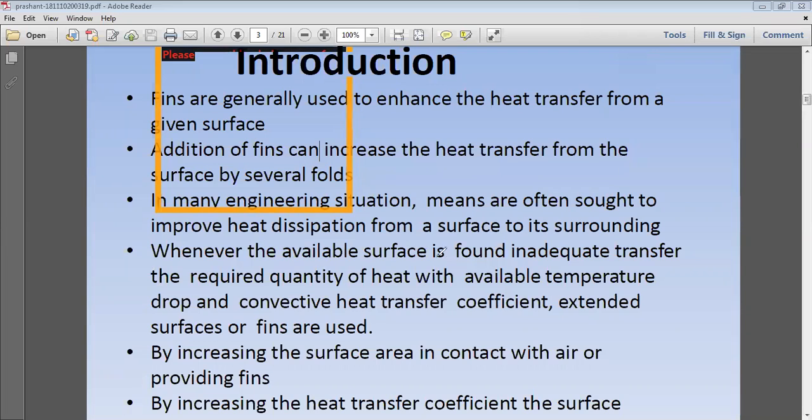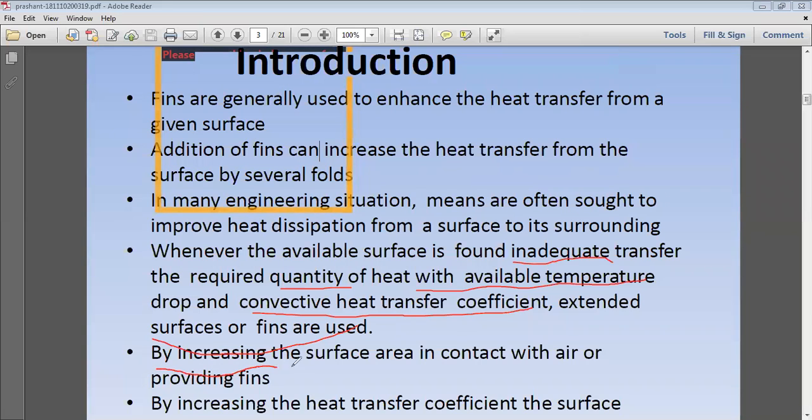Whenever the available surface is inadequate, given the available temperature drop and convective heat transfer coefficient, extended surfaces or fins are used for transfer of heat to the surroundings, by increasing the surface area in contact with air or providing fins.